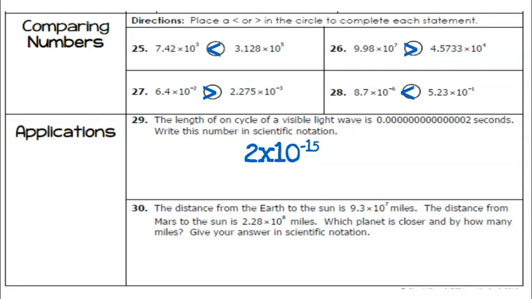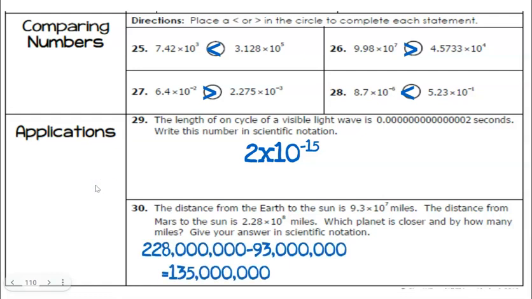Make sure you use pencil. You can always erase. So hit pause, come back when you're done. Okay, so I said Earth is going to be closer by 1 3500 times 10 to the 8th power miles. How did you do?